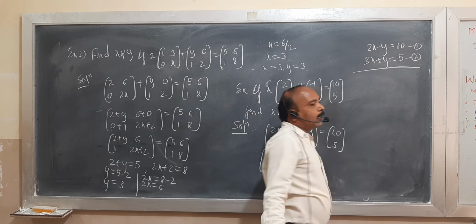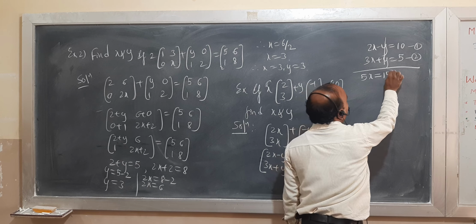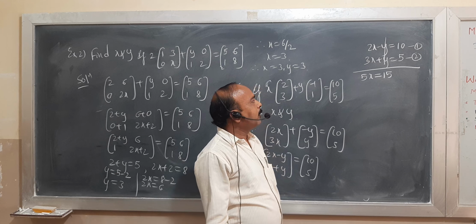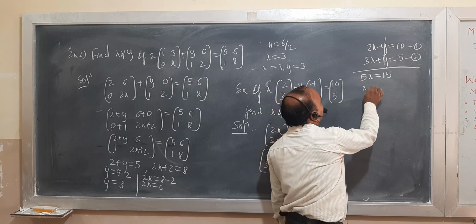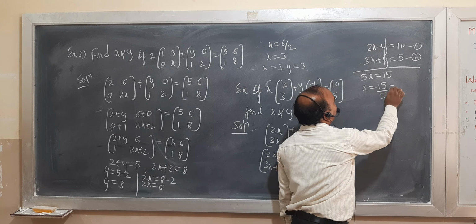First, you cancel plus y and minus y directly. Then you add 2x plus 3x is 5x, equal to right hand side 10 plus 5, which is 15. 5x equal to 15. Therefore, x equal to 15 by 5, so it is equal to 3. Therefore, x equal to 3. It is the first value.